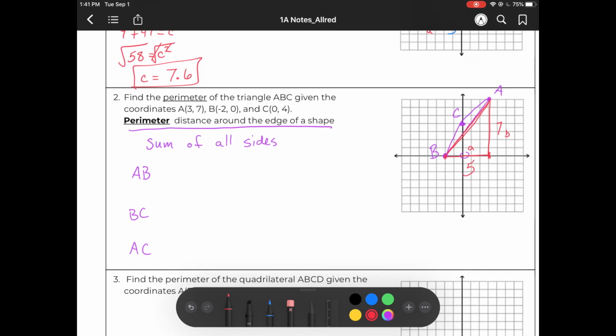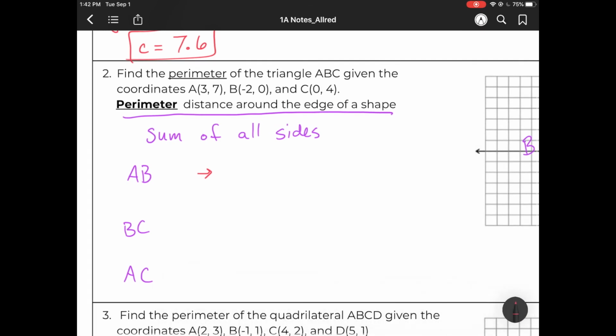So for the Pythagorean theorem, for AB, we're going to do 5 squared plus 7 squared equals C squared. And then we start to simplify. 5 squared is 25. So this turns into 25 plus 7 squared is 49. And then we add those together. 25 plus 49 is 74.